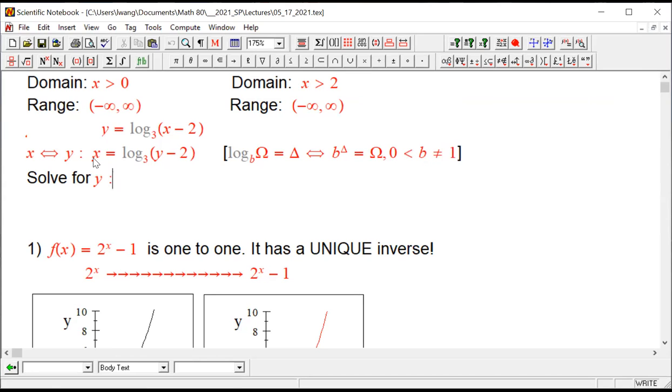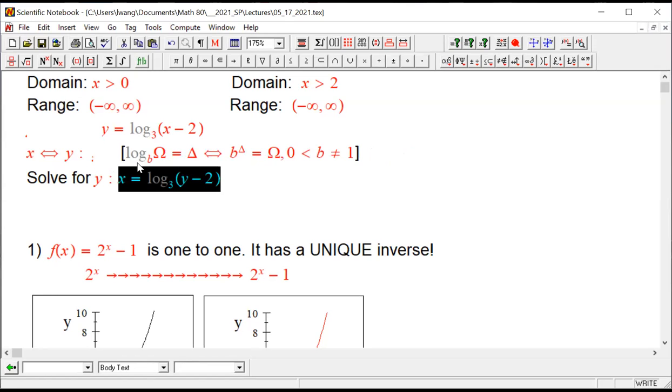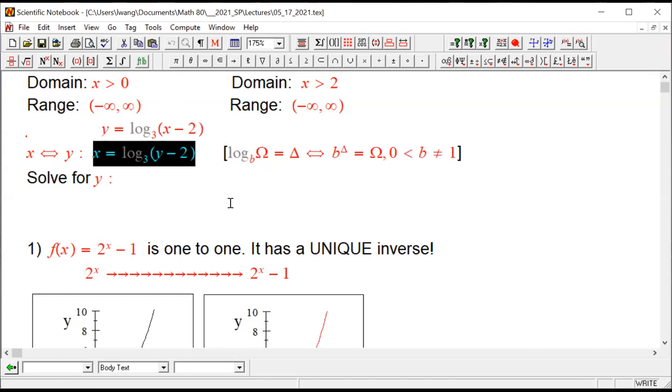Okay, so let's look at our situation here. Base is 3. The number at the omega position is y minus 2.